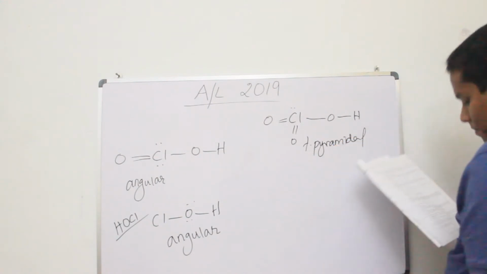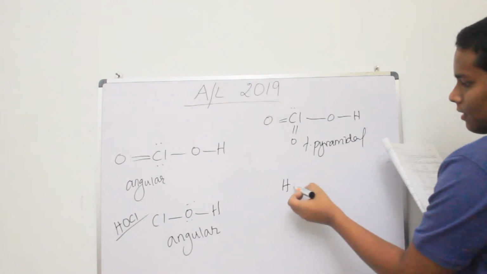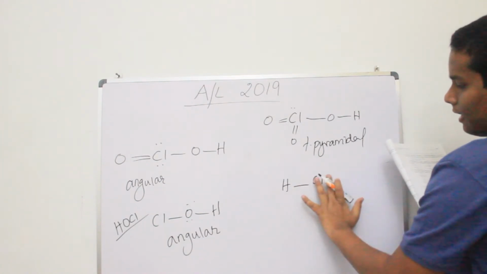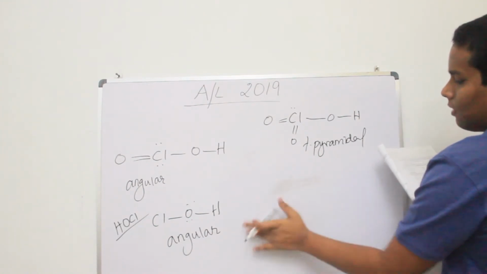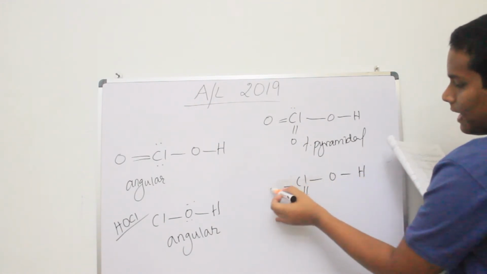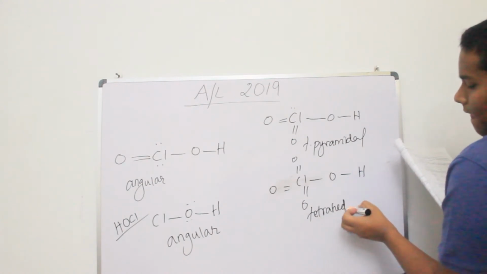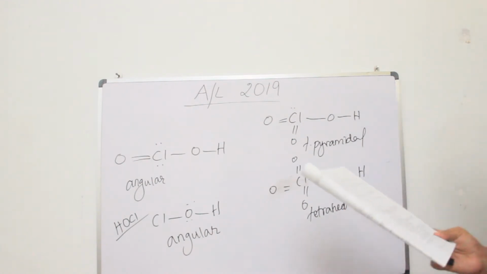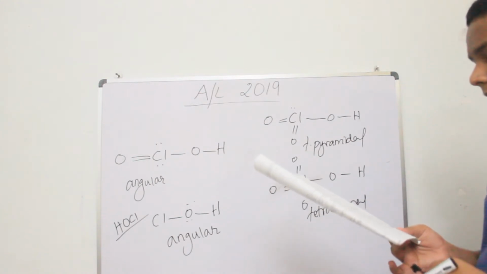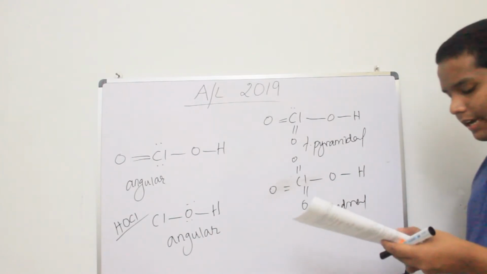Final one, HClO4. That is tetrahedral. So HClO2 is angular, HClO3 is trigonal pyramidal, and HClO4 is tetrahedral, correct?